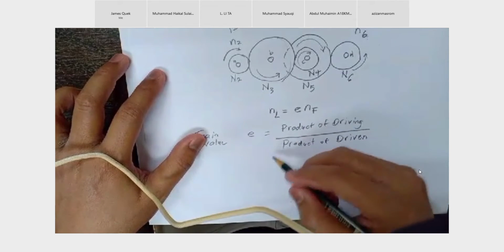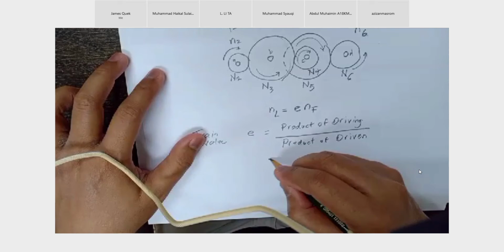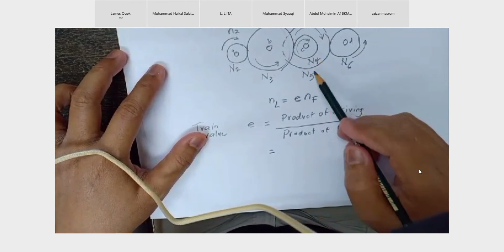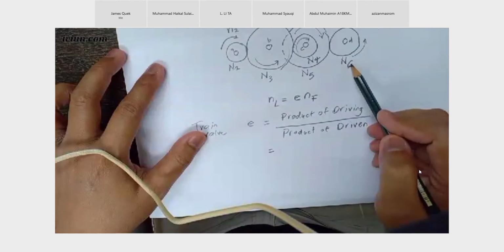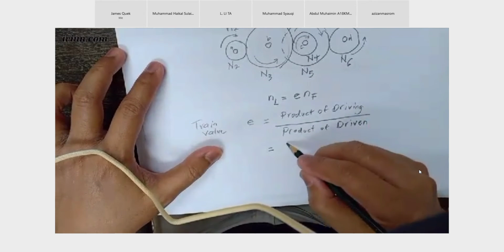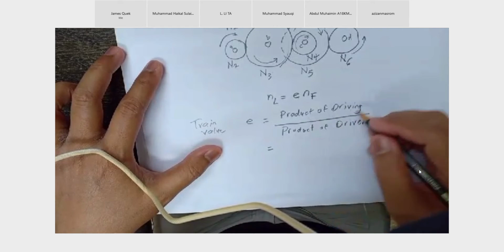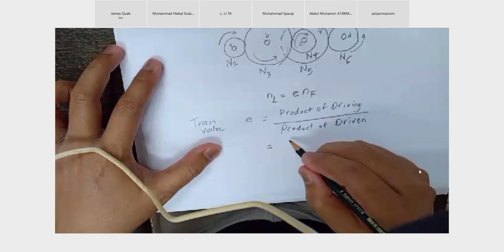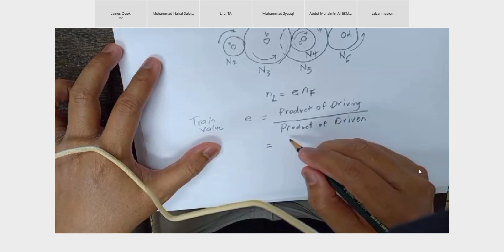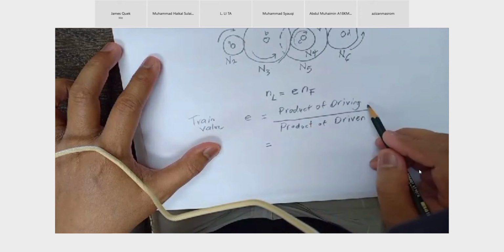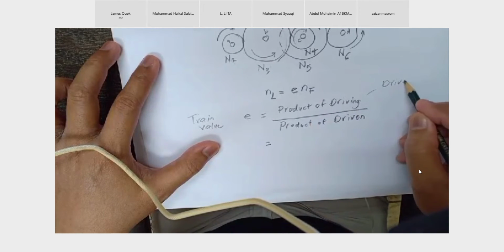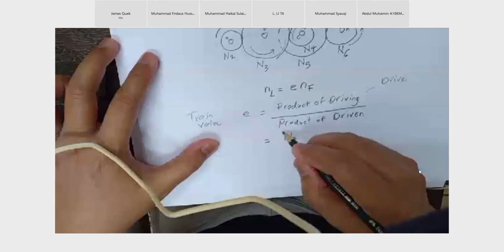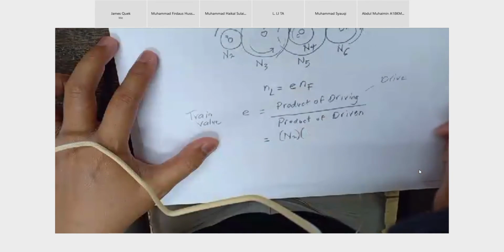For example, in our case, apa yang drive sekarang? We have gear 2, gear 3, gear 4, gear 4 at the front, gear 5 at the back, and gear 6. Which one is driving? In terms of T's, your nominator must be the drive.